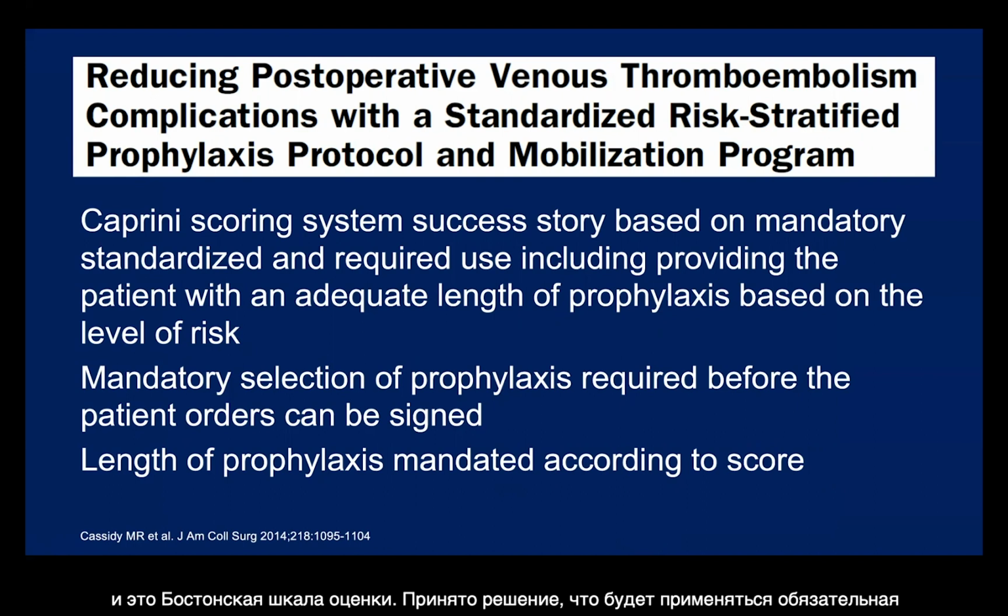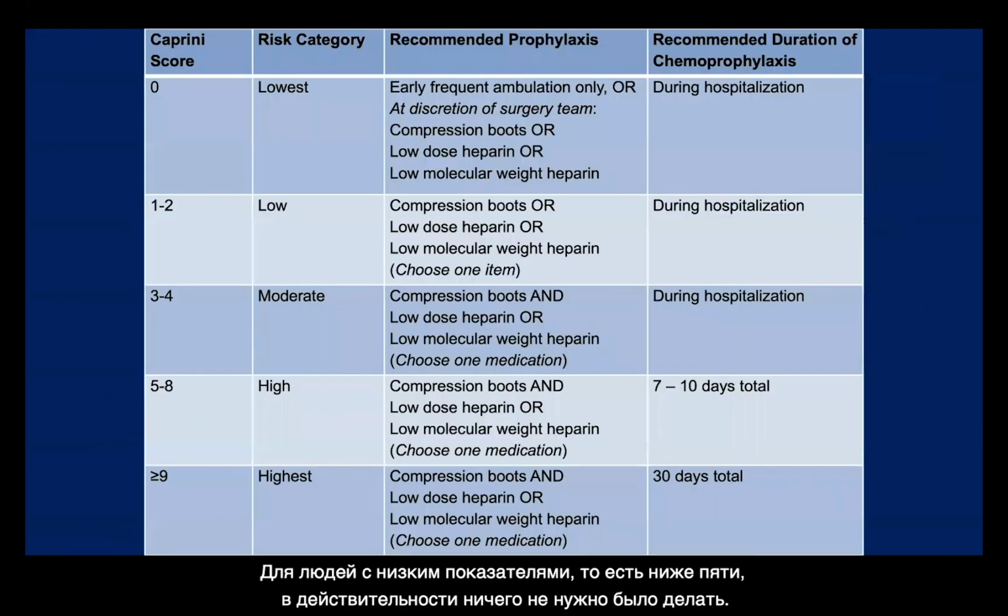They decided that they would enforce mandatory, standardized prophylaxis based on the patient risk level, and that would continue the anticoagulation for an appropriate length of time. Mandatory selection of the prophylaxis was required before patient orders can be signed, and the length of prophylaxis mandated according to the score. Those people with low scores that were below 5, really, you didn't need to do anything.